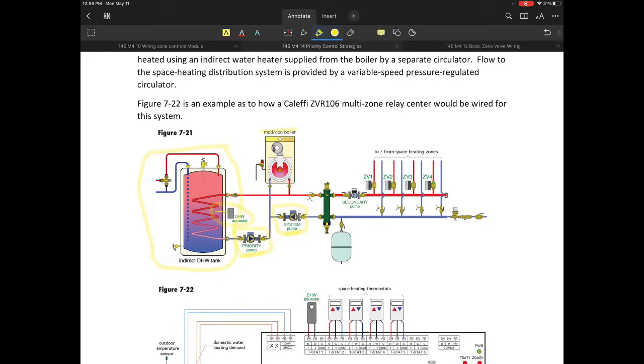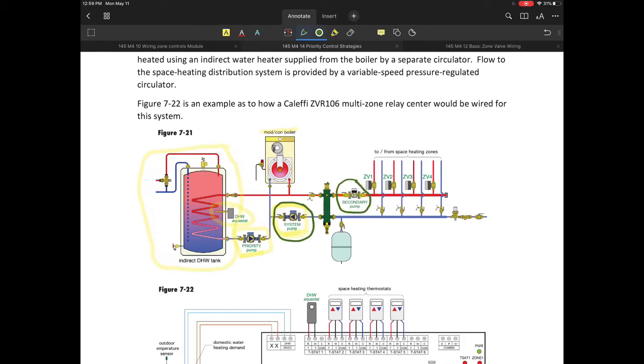Now, why that's significant is that in order to do priority, we also have to think about the fact that we need to disable the system pump if the priority pump is now being energized. And this should be handled by the wiring of how we do this system.